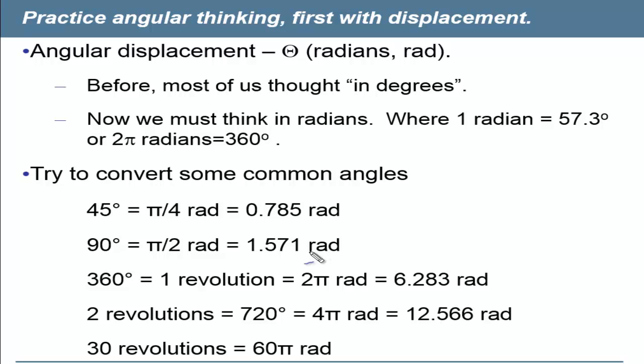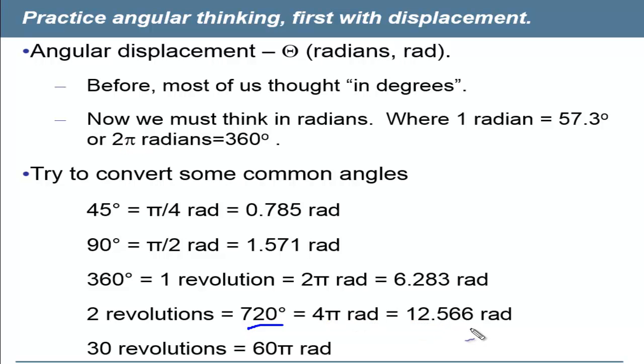If we talk about 1 entire revolution, well, that's 360 degrees, right? So that converts to 2 pi radians, or 6.283 radians. If we have 2 revolutions, that means that it goes around twice, right? So I'd have 2 times 360, or 720 degrees, or 2 times 2 pi radians, we'd have 4 pi radians, which is 12.566 radians.